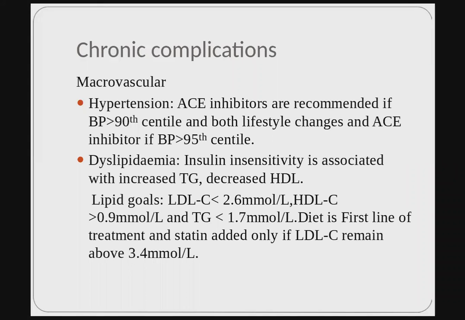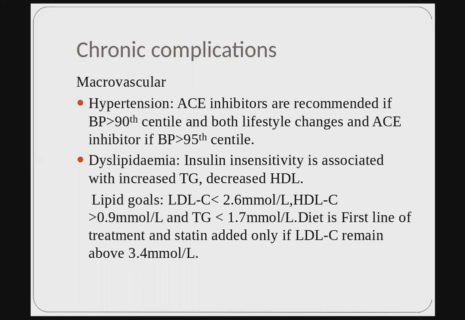Other chronic complications are polycystic ovarian disease, seen in 12 to 23% of patients. They may present with menstrual irregularities, acne, amenorrhea, hirsutism. Treatment is lifestyle modification and weight loss. Metformin improves menstrual irregularities and hyperandrogenism.